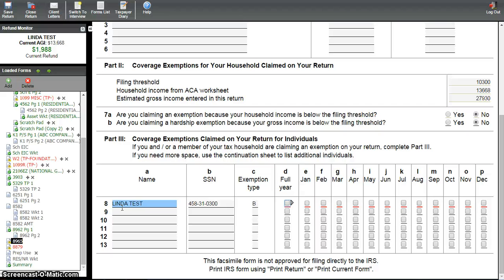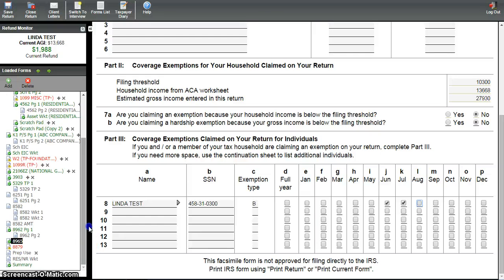As it's written right now, not all of the exemptions are in there, but I'm sure we will be getting an update for that exemption page before the filing season starts. Were she applying for an exemption for the full year, you would check the full year box. But she's claiming the exemption for the months of June and July.